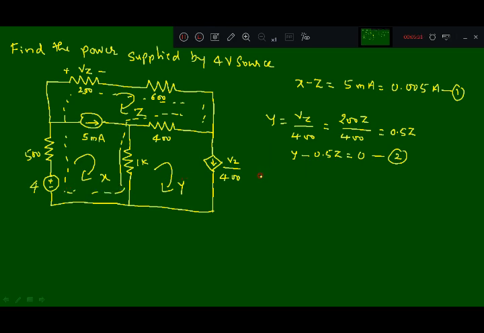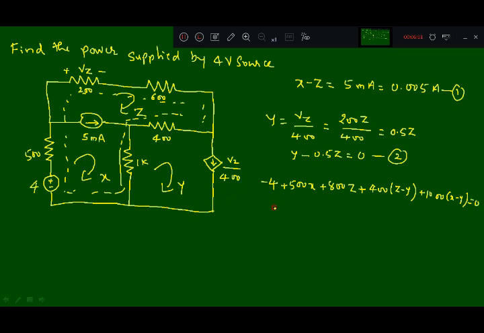So the equation is minus 4 plus 500x plus 600 plus 200, it is 800 z, plus 400 z minus y, plus 1000 x minus y is equal to 0.